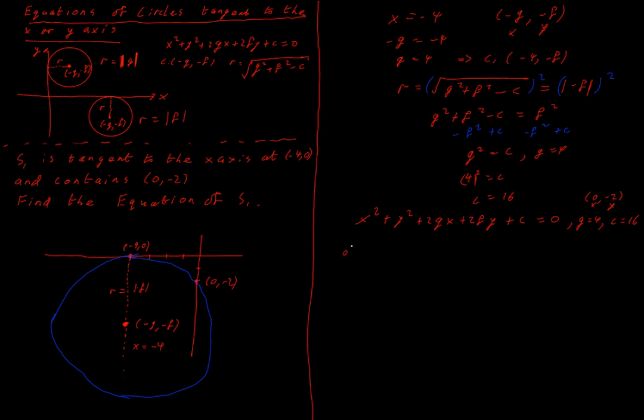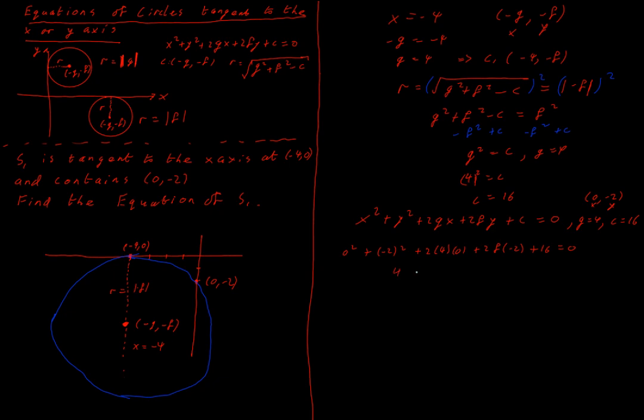So I get 0 squared plus minus 2 squared plus 2 on 4 on 0 plus 2 on f on minus 2 plus 16 is equal to 0.